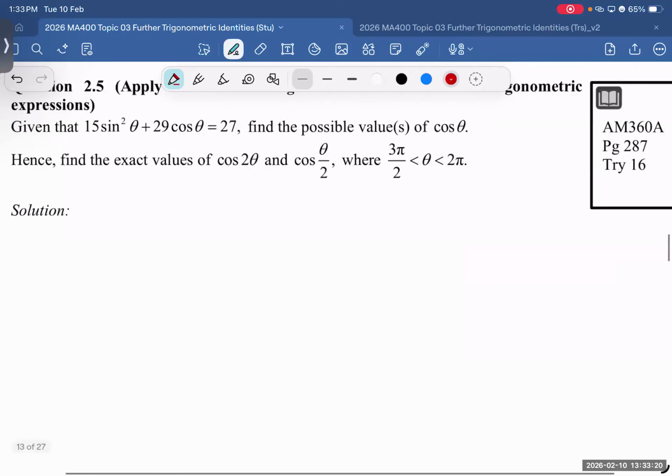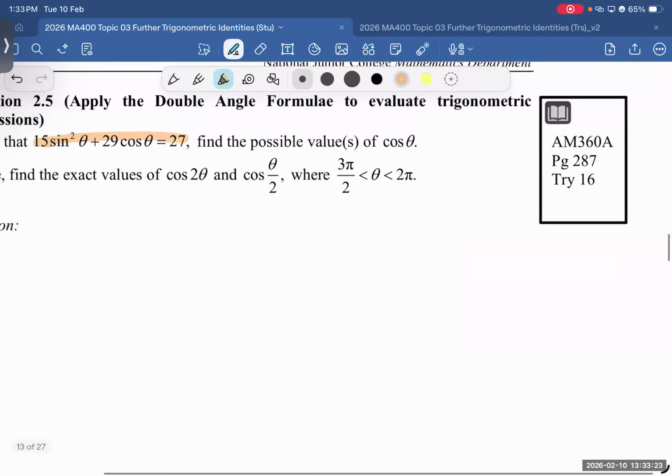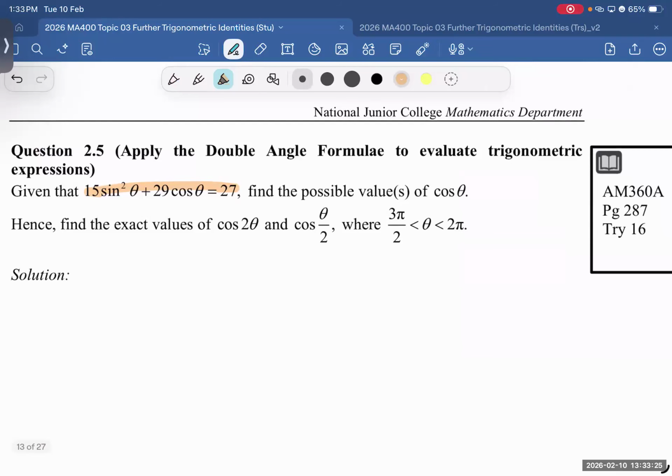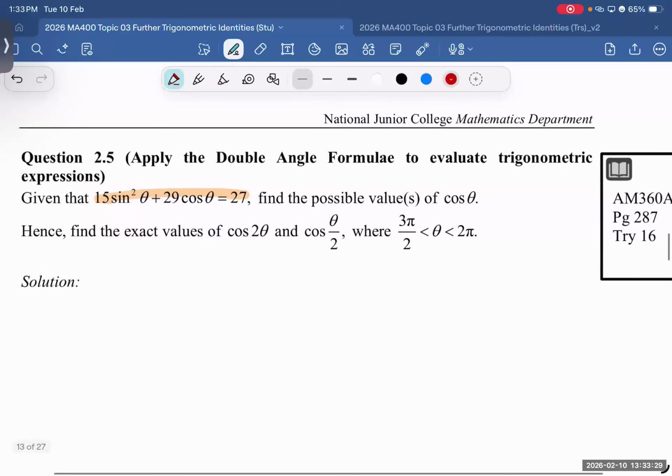This one, are you able to get cosine? No. Okay, so remember this is a trigo equation. When you get a trigo equation, you want to get the same trigo variable. So far understand?